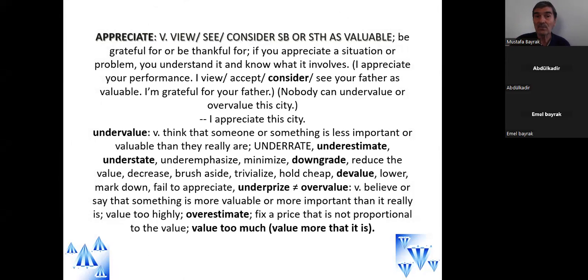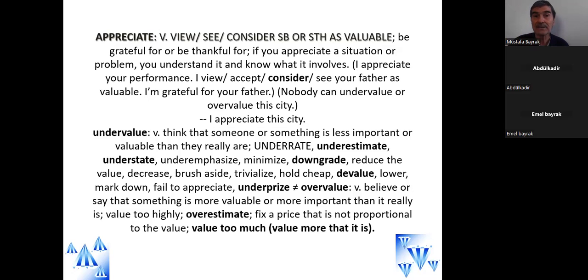Be grateful for or be thankful for, if you appreciate a situation. Ah, yes, today I think. Is it today the Thanksgiving Day? Yeah, the appreciation day. Appreciating the blessings, considering them as valuable, seeing all the blessings as valuable.